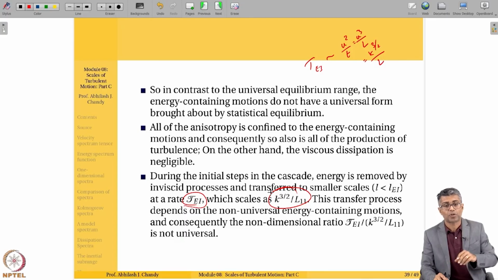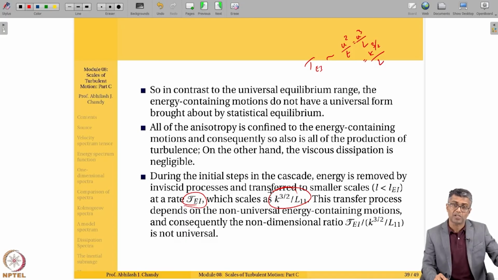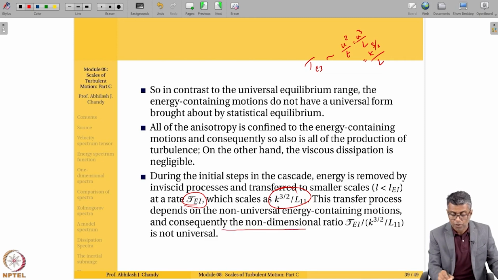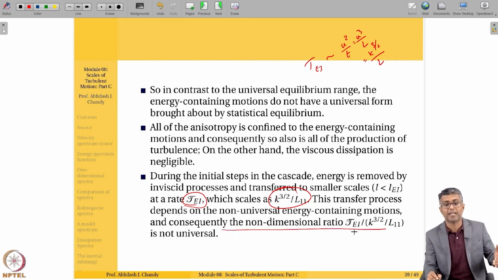So this transfer process depends on non-universal energy containing motions, of course, because it starts from the large scales, which are anisotropic, which are non-universal, and which contain most of the energy. As a consequence, the non-dimensional ratio TEI divided by k to the 3/2 over L11 is not universal.